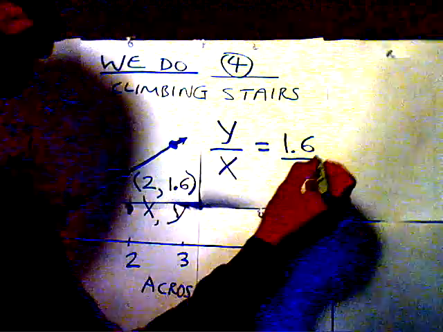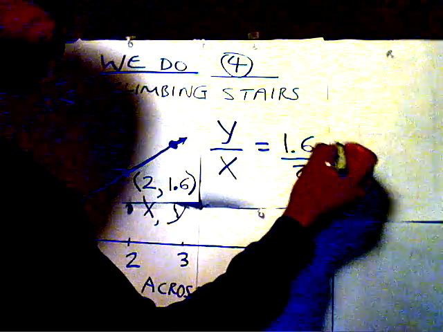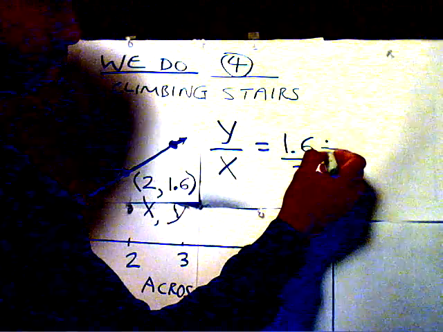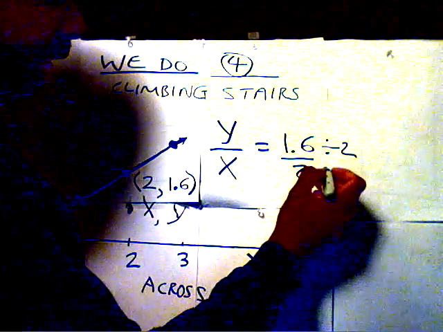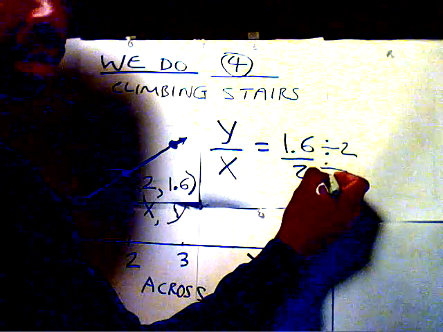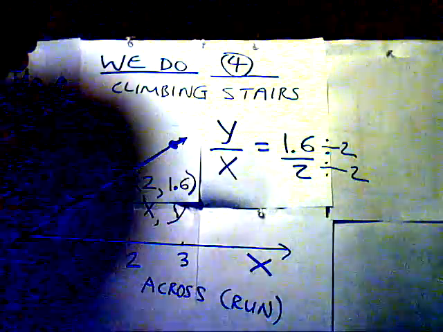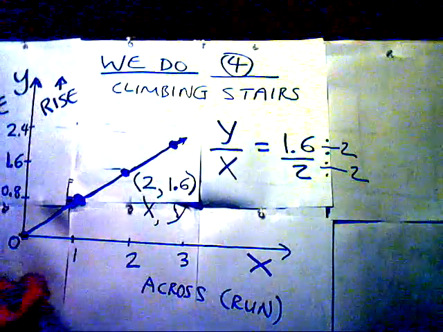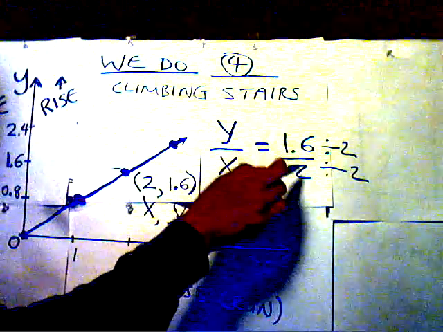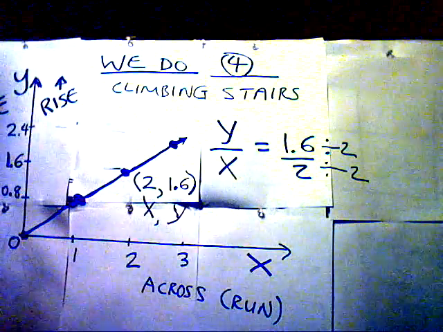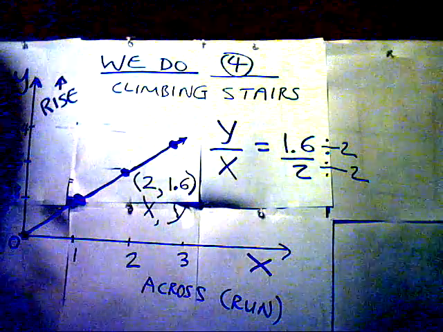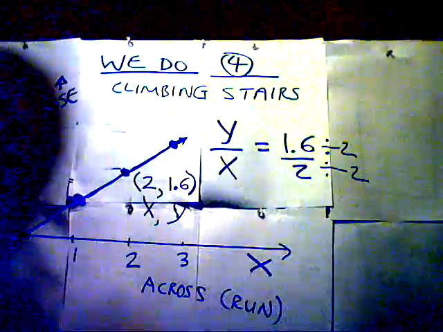Okay, but I can simplify this. I can divide the top by 2 and I can divide the bottom by 2. And so if I divide the top by 2 and the bottom by 2 on the right hand side, I can end up getting something simpler.